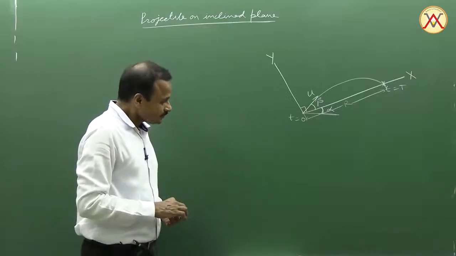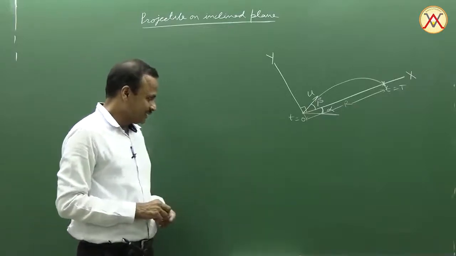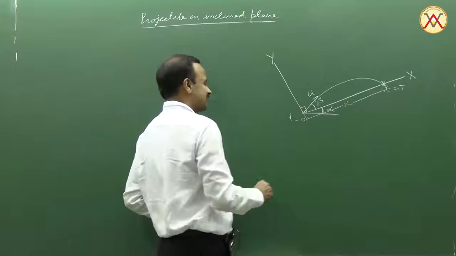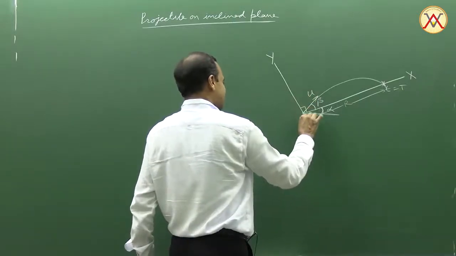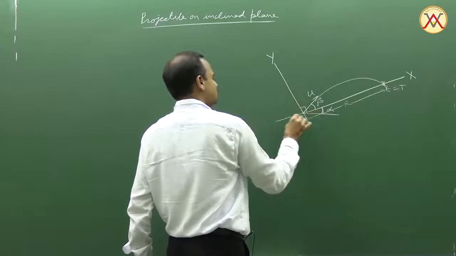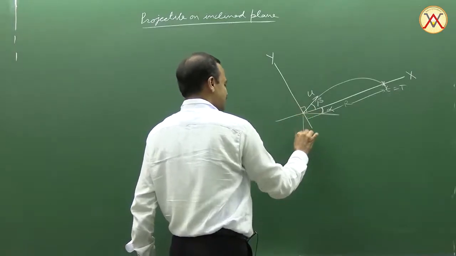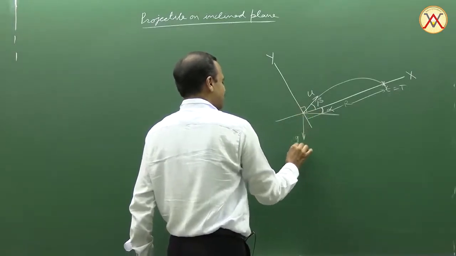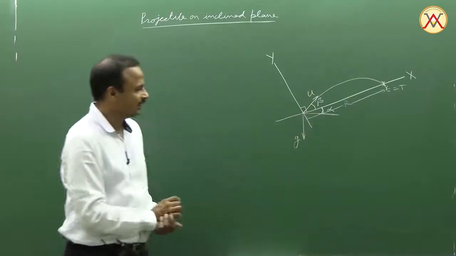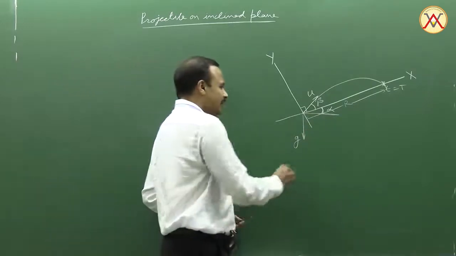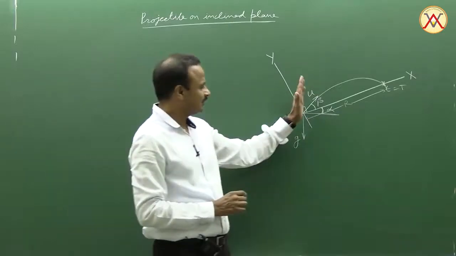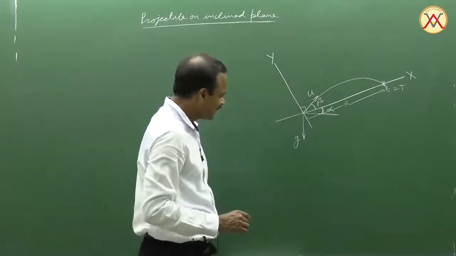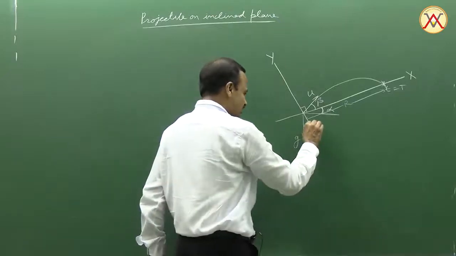So what is the disadvantage? The disadvantage of this coordinate system is that you will have to resolve g. We know the direction of g is vertically downwards. Now it is not matching with the direction of the y-axis because our y-axis is not vertical. So we will have to resolve g.